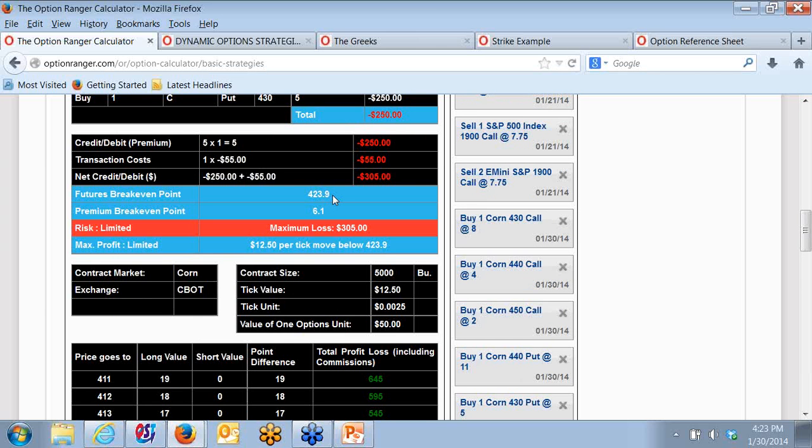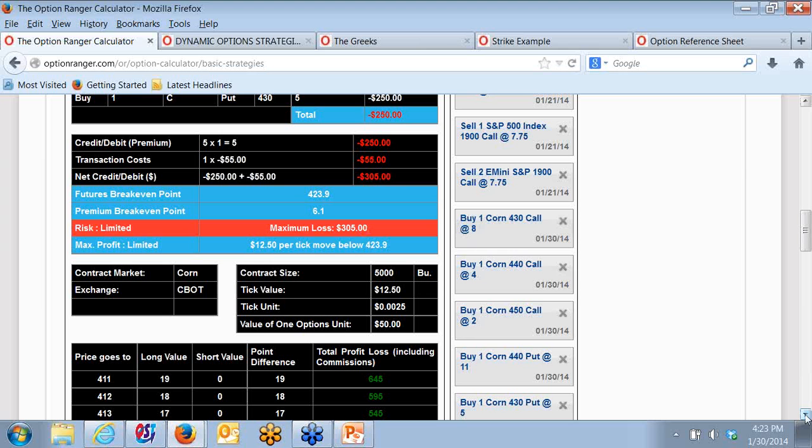The futures break-even, they need a bit more of a drop. They need the market to get to 423.9, let's call it 424, which again is not an absurdly big number, but for some reason the market seems to be discounting that it's not super likely, which is why these premiums are where they are. And the person's maximum loss has gone down because they bought a cheaper option, slightly out of the money.